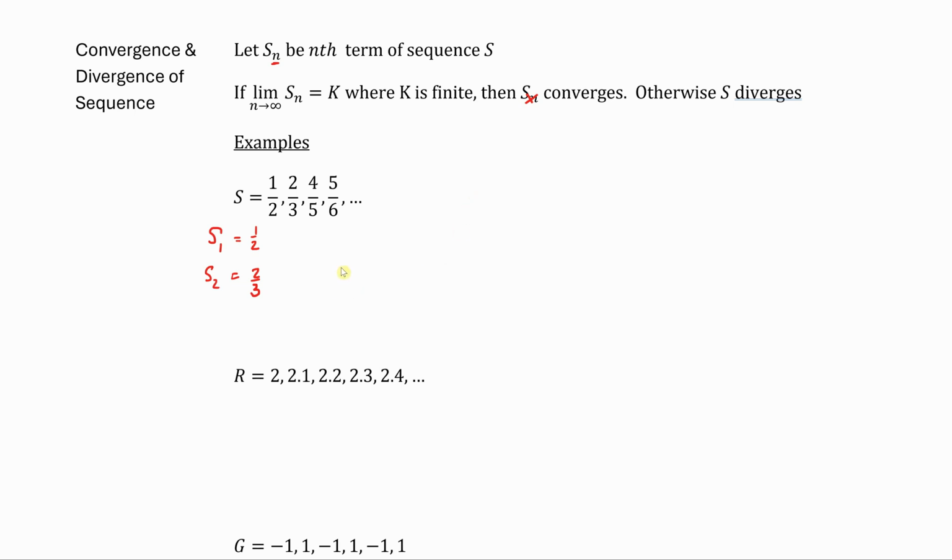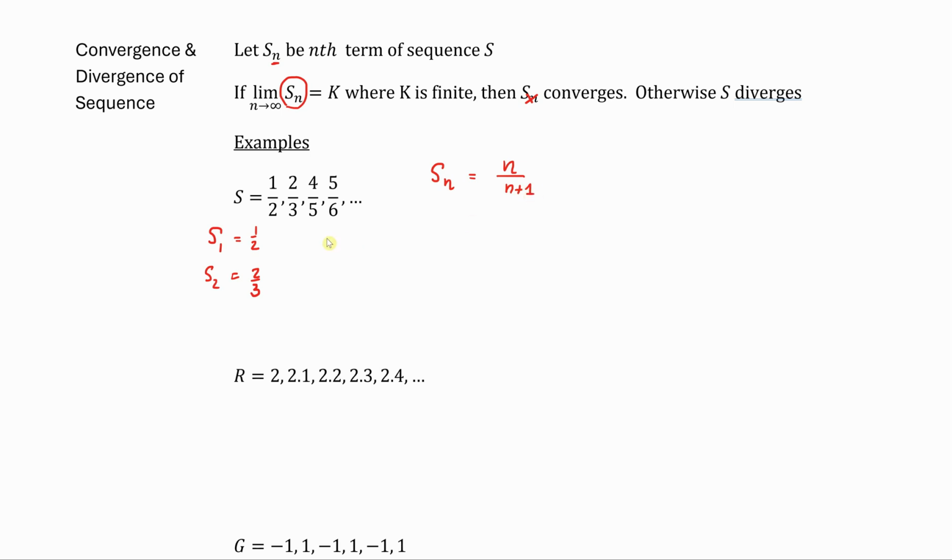One of the ways that we can approach these examples is to find a formula for S sub n. This is very, very important. In this particular example, S sub n is nothing more than n over n plus 1.